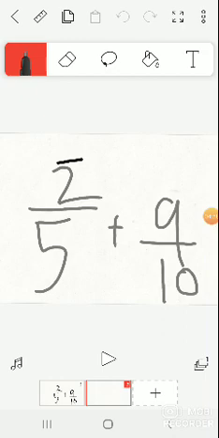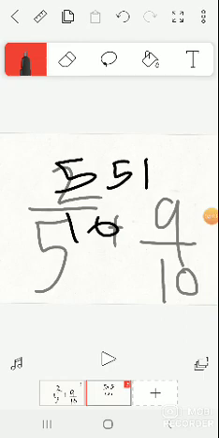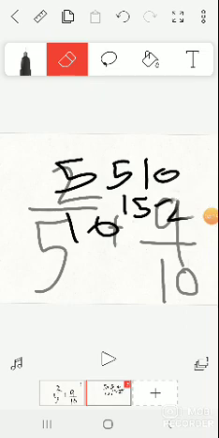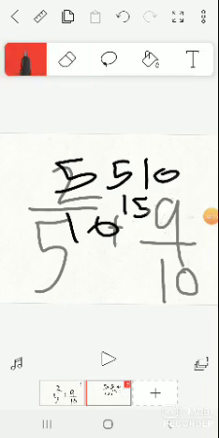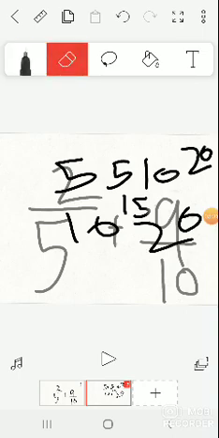How do we put these together? Well, we have to find a common denominator for these numbers, and that's kind of easier than it sounds. 5, 10, 15, 20. I think we can both agree that 5 and 10 can both be put on 20.